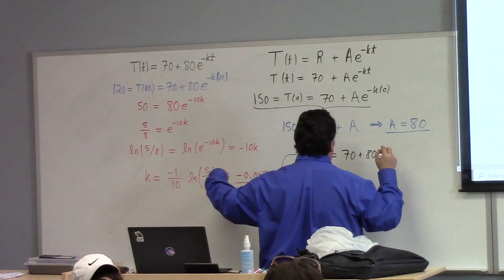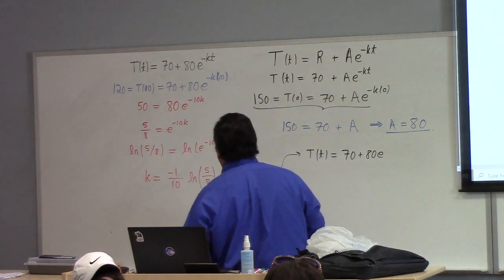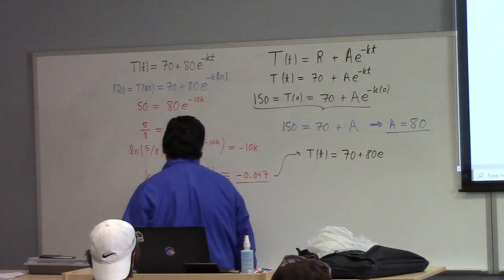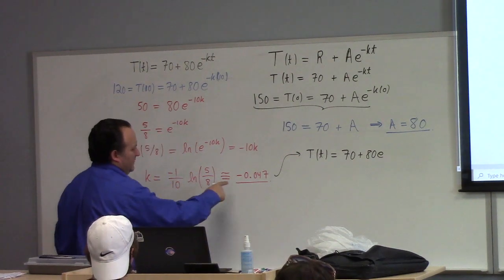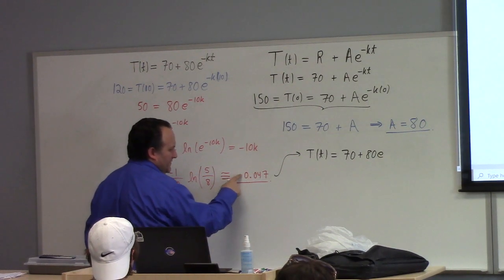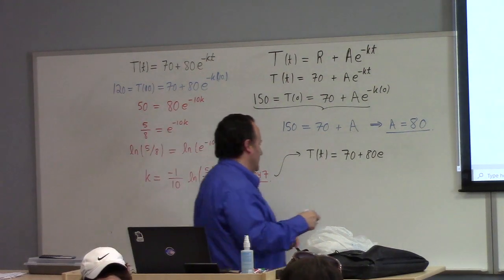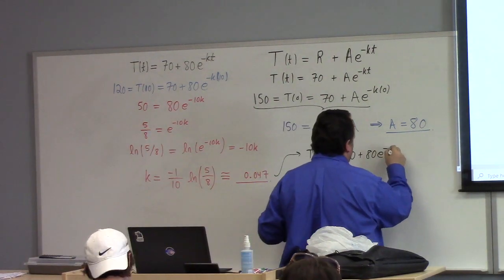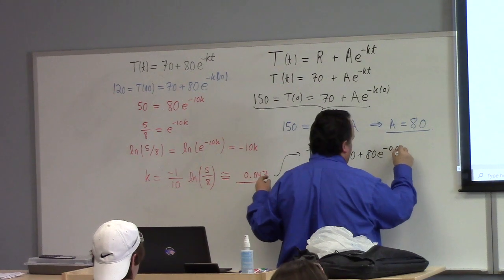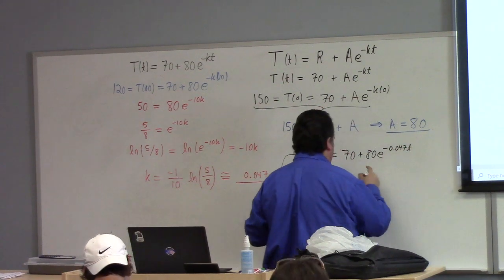Wait a minute. Oh, this is just a calculator mistake. It's plus 0.047 here. I put the minus in the formula, so it's minus 0.047t, where t is in minutes.